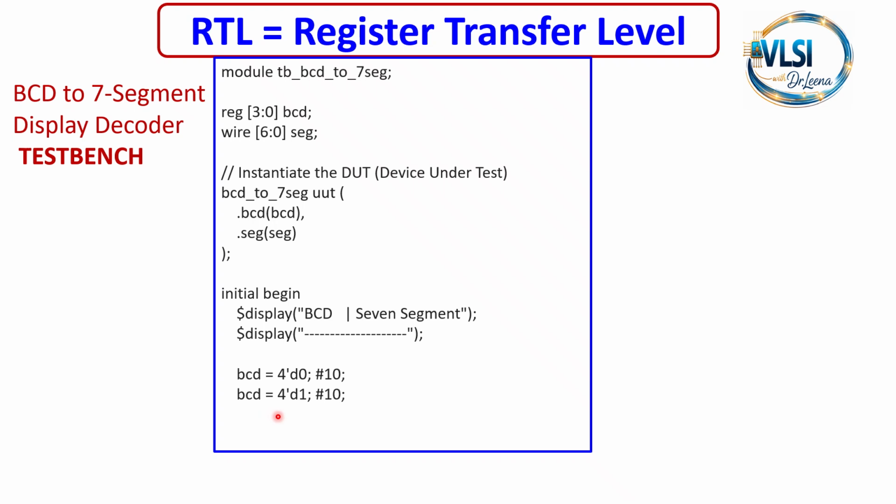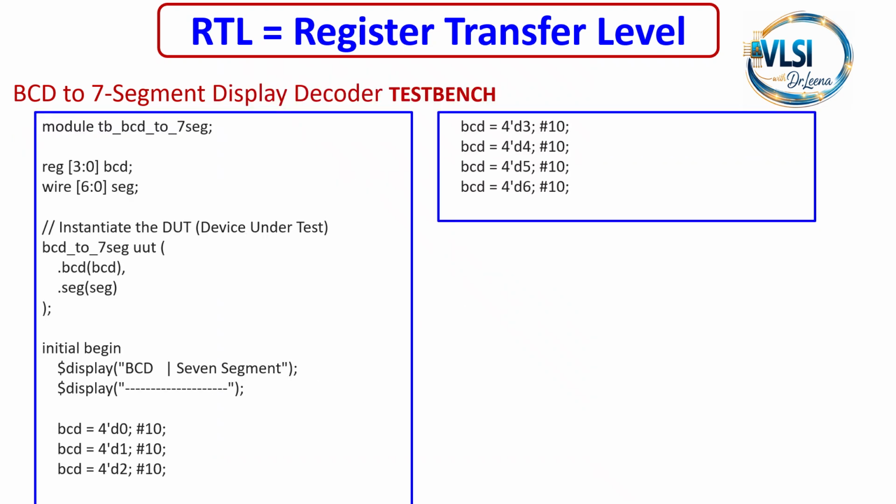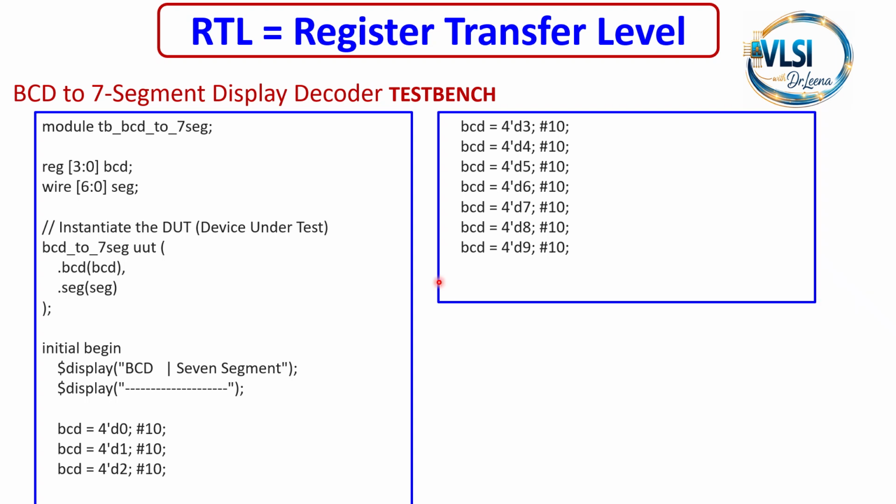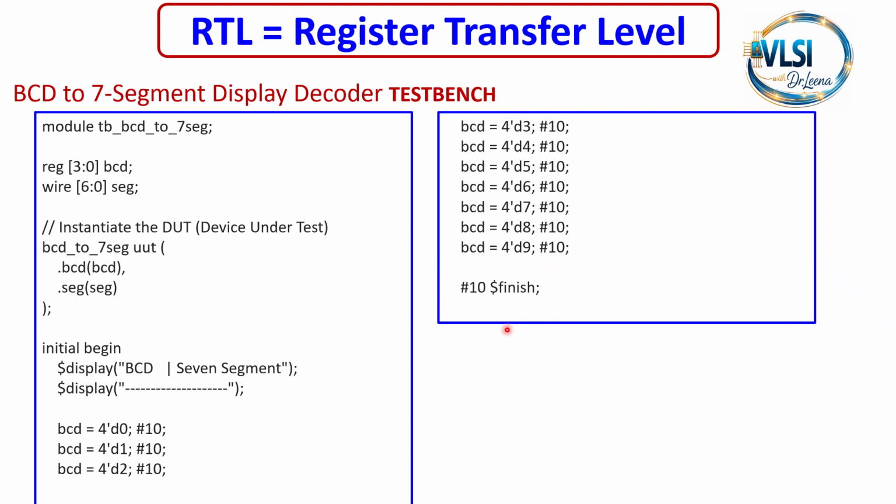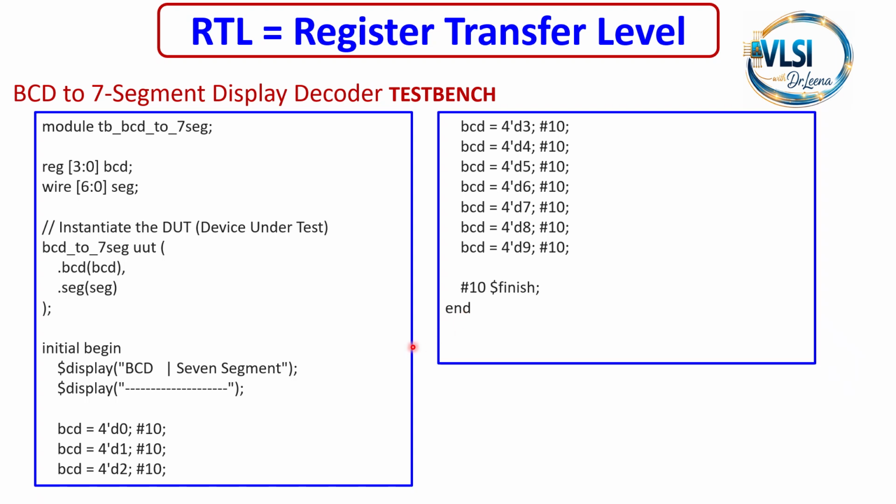Then when BCD is equal to 4-bit binary decimal 1, perform the next test case and wait for a 10 time unit delay. So it will do this for all the 0 to 9 test cases, and then finish the simulation.